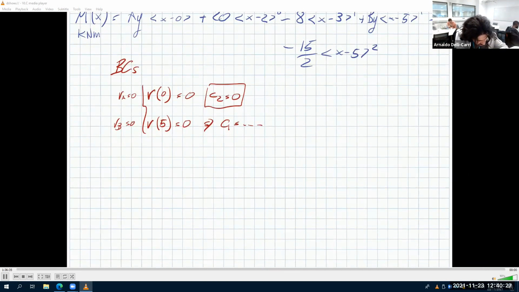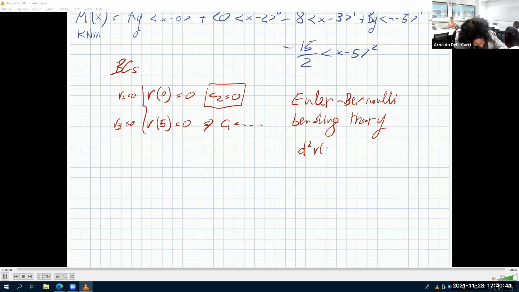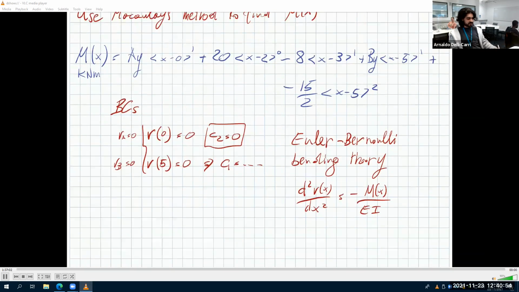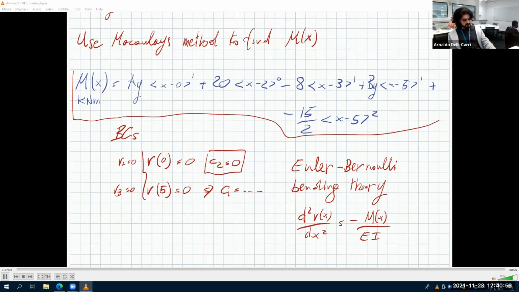Using the Euler-Bernoulli bending theory, we know that the second derivative of the deflection is the bending moment diagram over EI. So we can just integrate this expression over EI twice to find V of X.